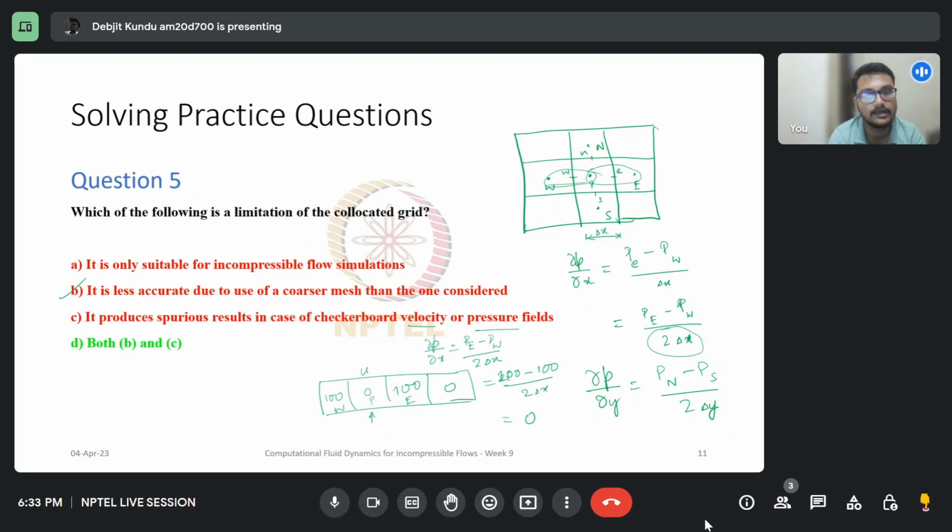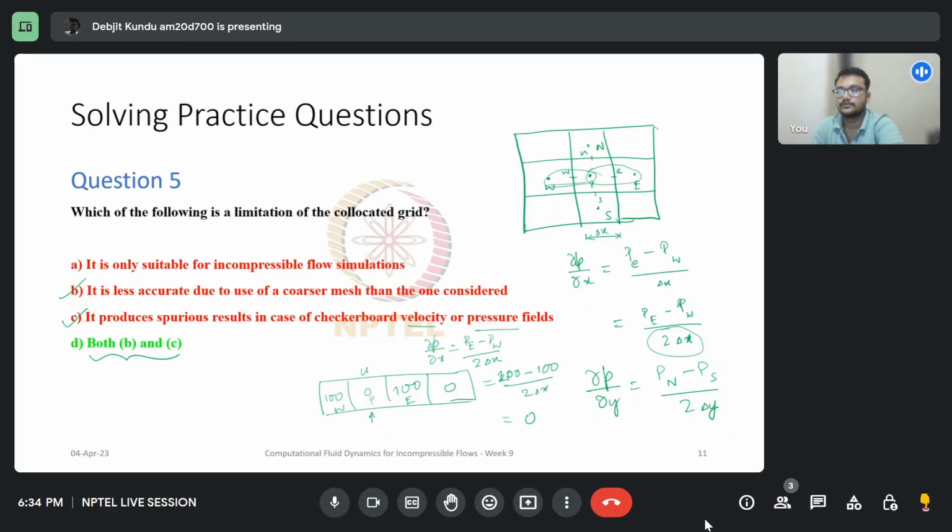In real fluid flow fields, pressure and velocity are highly coupled, they depend on each other. So this decoupling adversely affects the solution. We will get wrong solutions which are not correct. So that's why option C is also a correct option. So instead of picking either B or C, you have to pick option D, which says both B and C would be the correct answer.